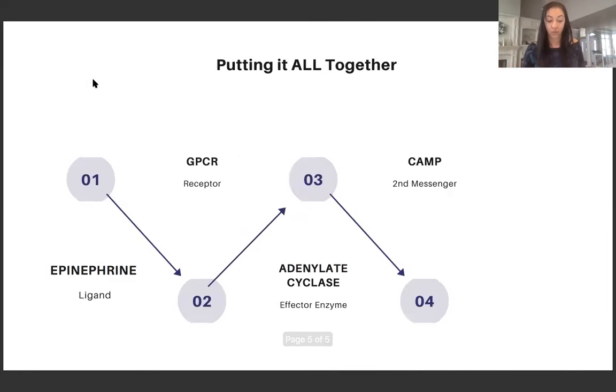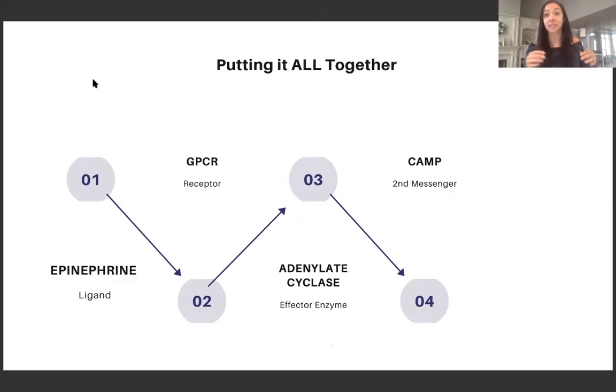An example to put it all together: I wanted to use epinephrine, right? You either hang a bag of epinephrine or you're in a fight or flight response. Epinephrine is your ligand. It binds to the membrane receptor via GPCR, activating G proteins inside.